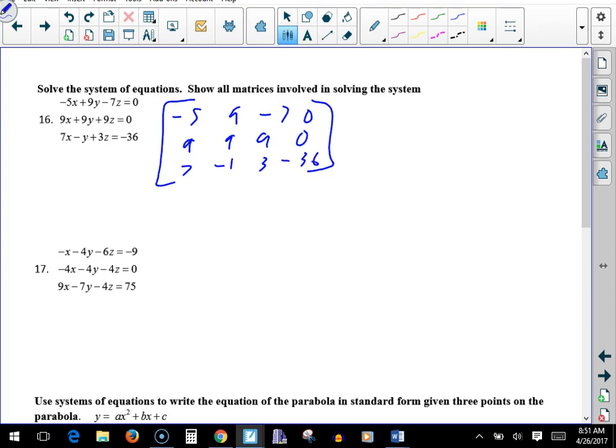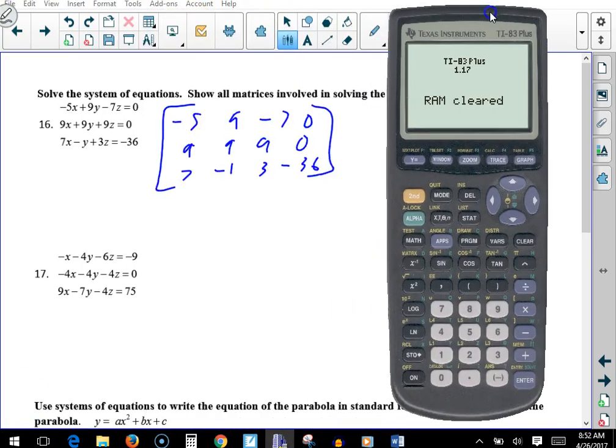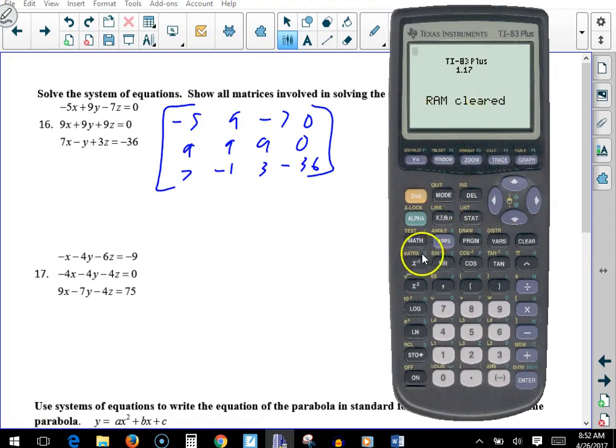Now this one I'm going to run live. Okay, so we're going to go into matrix right here. Go over to edit. And remember our acronym. We have 1, 2, 3 rows, but we have 1, 2, 3, 4 columns.